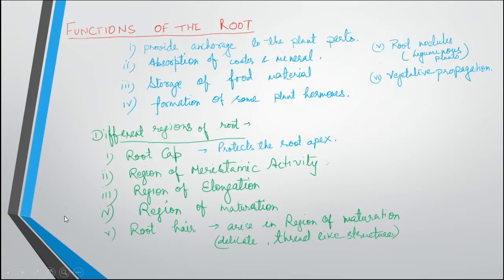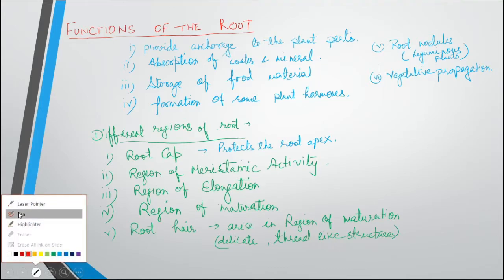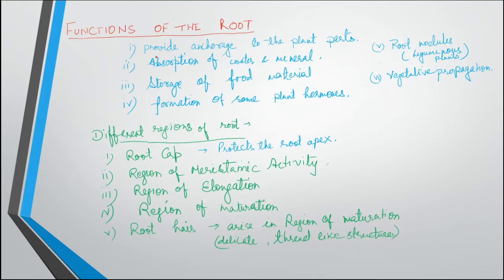In this slide we will study the functions of the root. What are the functions which are performed by the root for the plants? Some of the important functions are: it provides anchorage to the plant parts and gives support to the whole plant, then helps in absorption of water and minerals from the soil and sends them to each and every part of the plant. In some plants, the roots are modified to store food material. The root is also involved in the synthesis of some plant hormones like auxin.